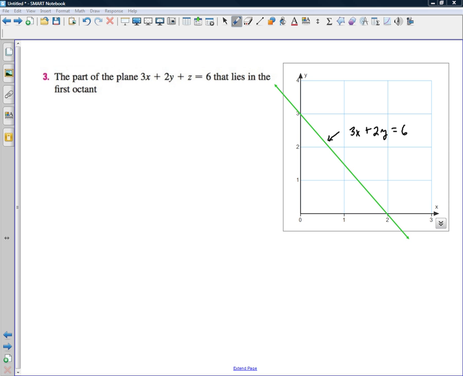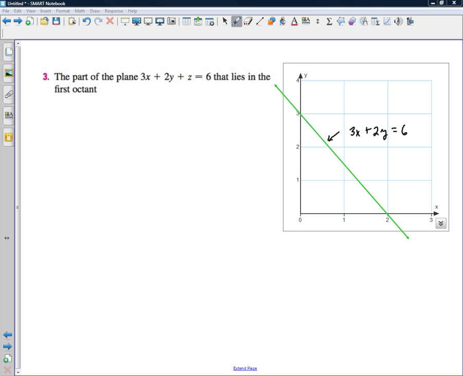I got a little bit of a head start here on number 3. We're talking about that part of the plane that lies in the first octant. Well, the trace line in the xy plane, that is where z is 0, would be the line 3x plus 2y equals 6.